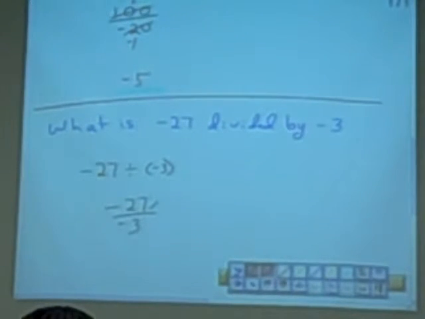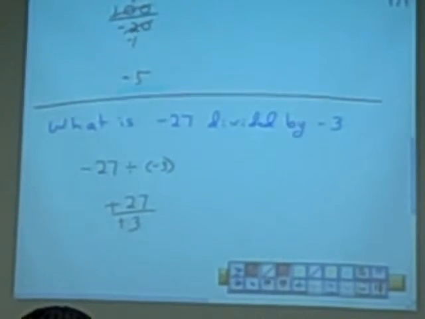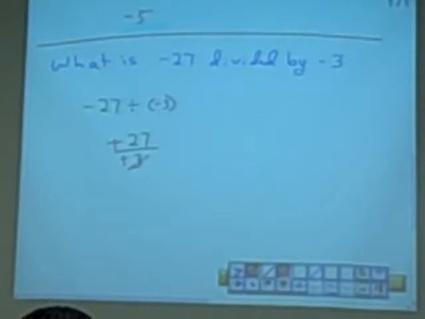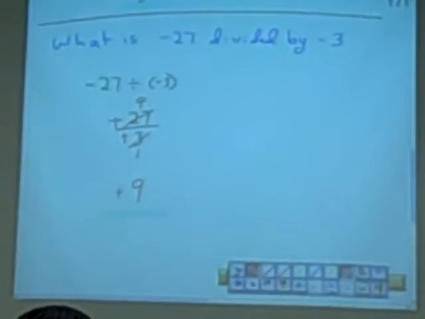So is our answer going to be positive or negative? Positive, because you got negative divided by negative. So we want to establish that it's going to be a positive. And then 3 can go into 27 how many times? 9. 3 goes into itself once. So our answer is positive 9. Any questions there?